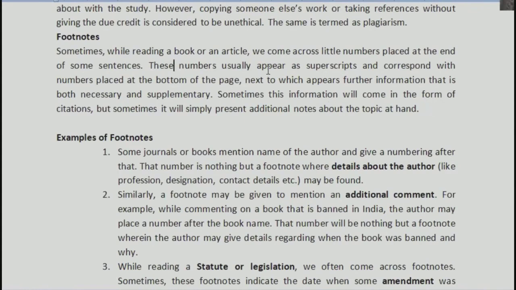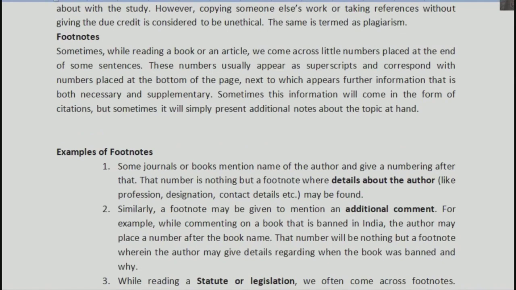Yeah. So usually this number appears next to the text, and sometimes this information will come in the form of a citation, where I am telling the readers that this part I have taken from this particular book or article which I was reading. But sometimes it will give additional information or an additional note. If you are reading some magazine or journals, you would see sometimes, for example, if I have written this particular answer, below that my name will be there, written as Meenakshi.